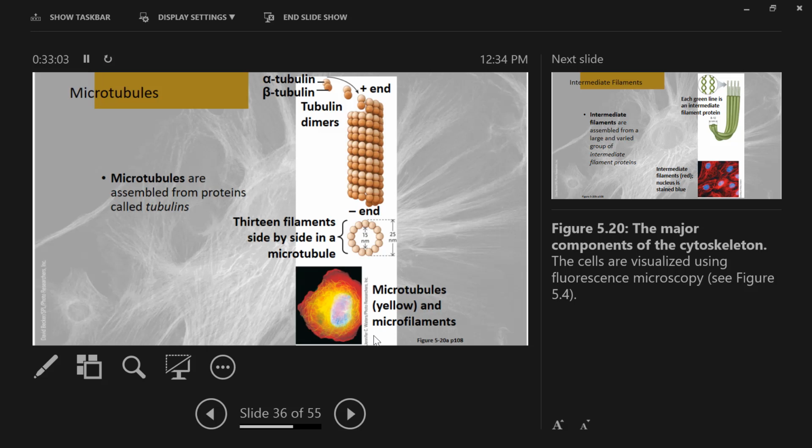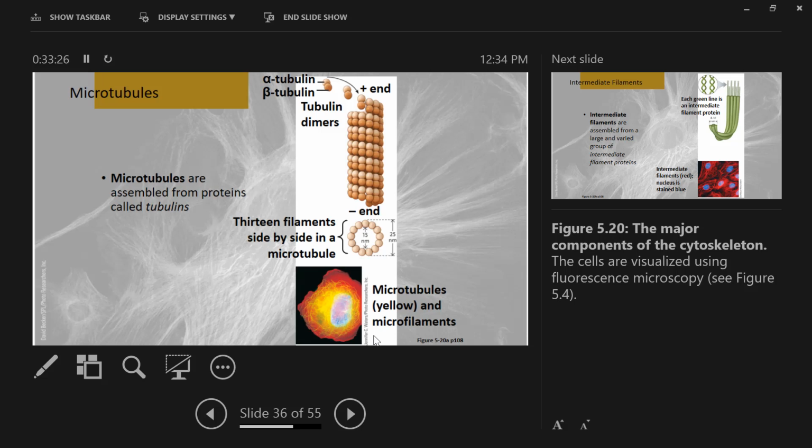Yeah? Could that be more than a dimer since there's so many connected together? Except an individual dimer can exist as a unit and can function. So these dimers function separately from being polymerized together. But you can't polymerize just the alpha subunit. And you can't polymerize just the beta subunit. You have to polymerize them as a unit, as that dimer.